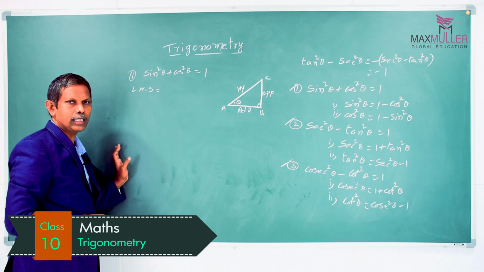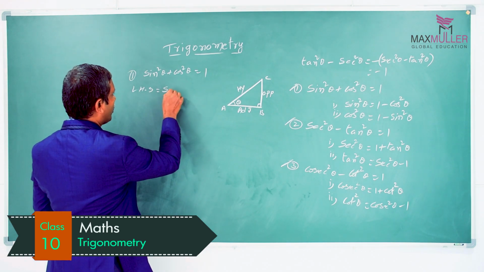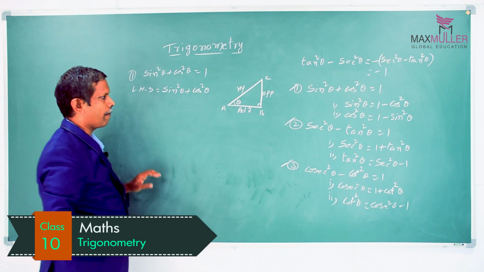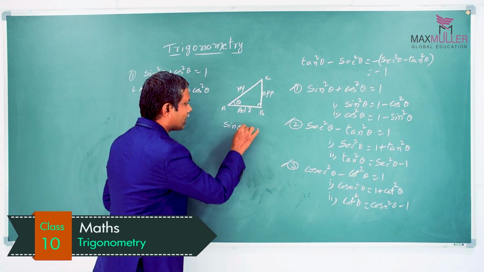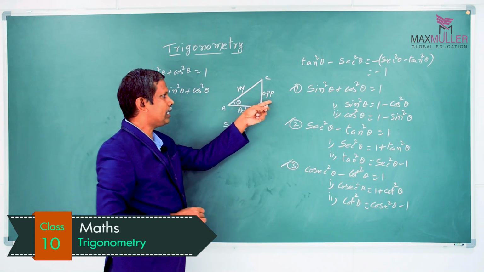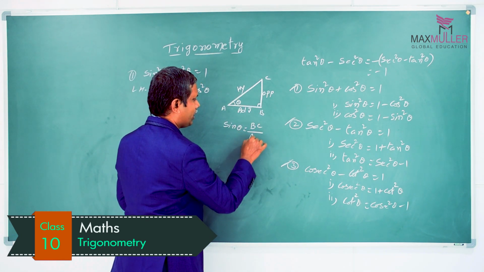What is our LHS? Sin square theta plus cos square theta. You know that sin theta means opposite by hypotenuse. Here the opposite is BC, so BC by AC.